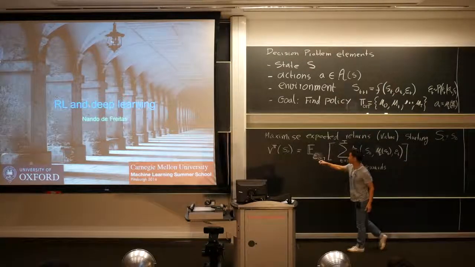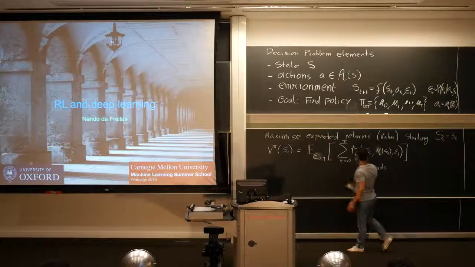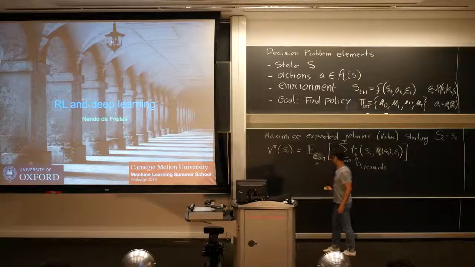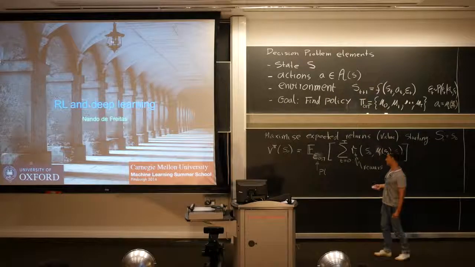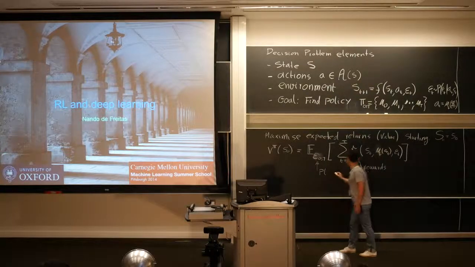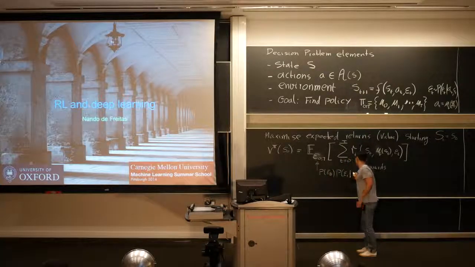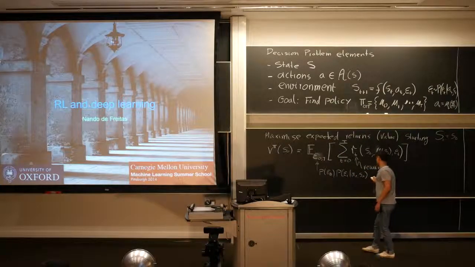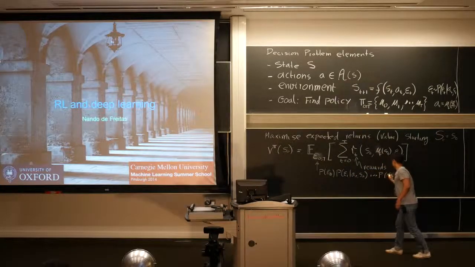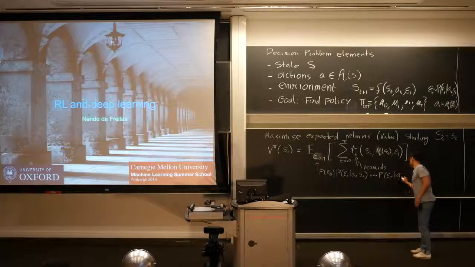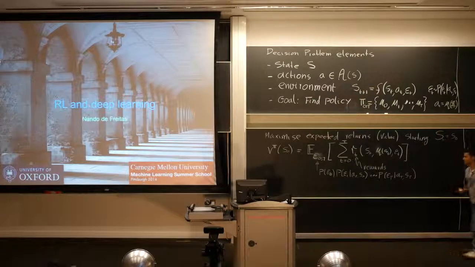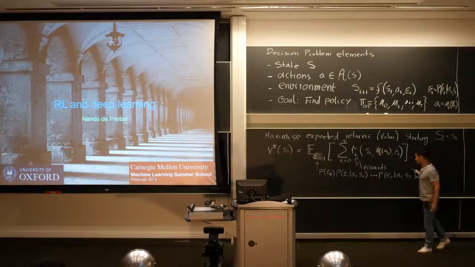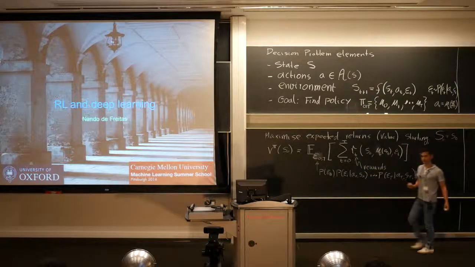This expectation is over all the possible uncertainty in the future. So the way to interpret this is it's an expectation with respect to the distribution of the environment, so it's over P of E naught, or P of E1 given A naught and S naught, dot dot dot, P of ET given AT and ST. So the expectation is over every noise variable in the system.